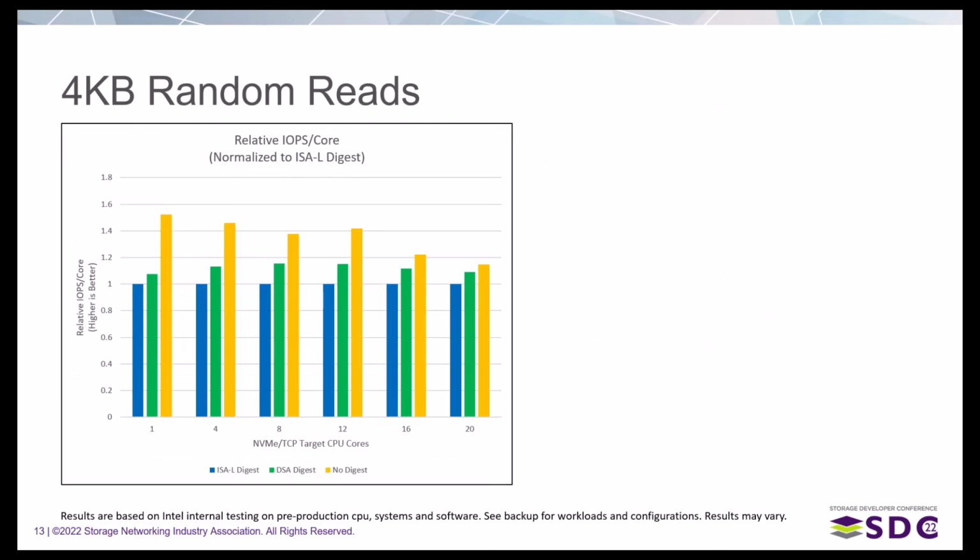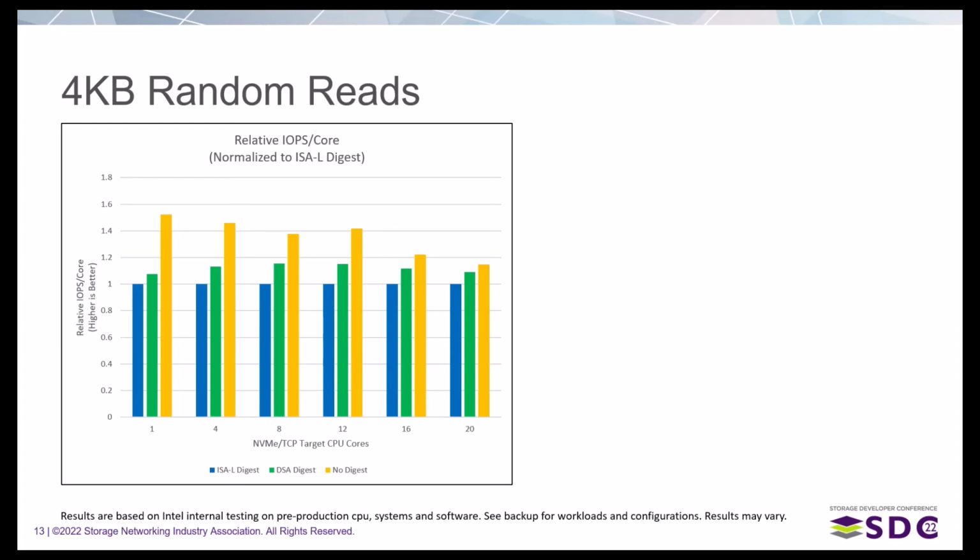Next, let's take a look at the relative IOPS per core for the 4K random read workload. For this workload, ISA-L actually did pretty well. The gap between ISA-L in terms of IOPS per core and offloading to DSA wasn't that big of a gap.